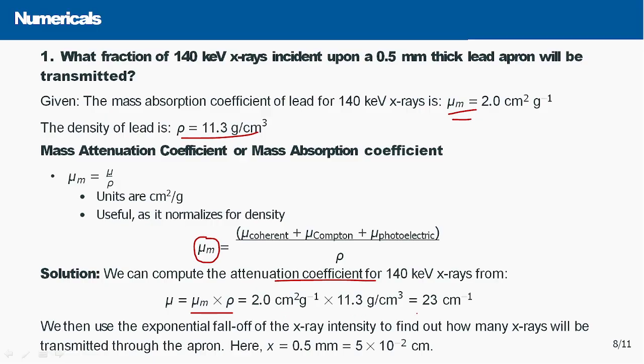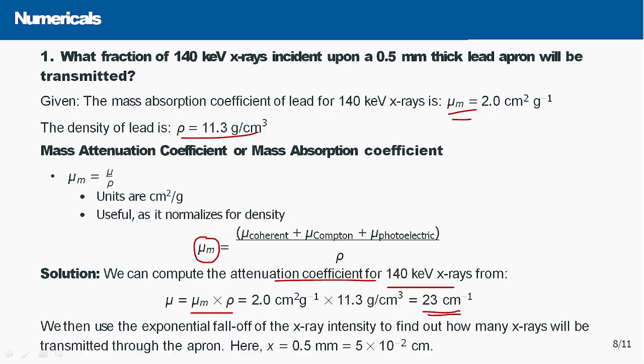Now we found that 23 per centimeter is your attenuation coefficient for the X-ray at 140 kilo electron volt. We then use the exponential fall of X-ray to find out how many X-rays will be transmitted through the apron.